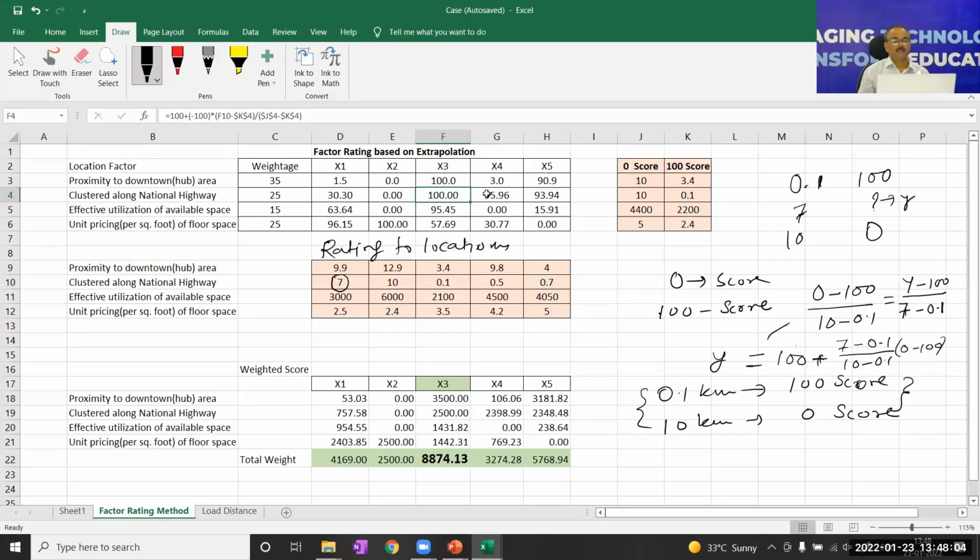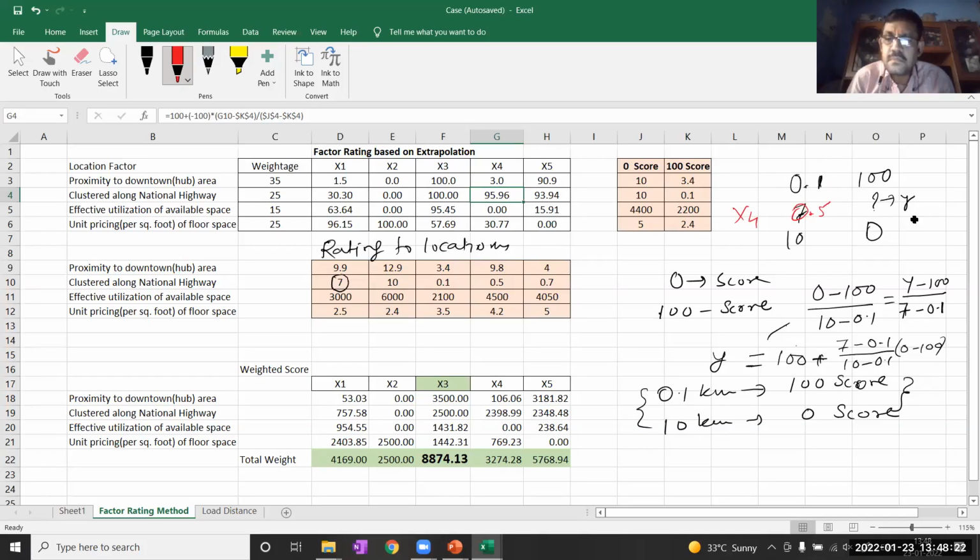Then X4, what is the distance? It is 0.5 kilometers. So again, you will use the extrapolation. For X4, 0.5, we want to find the rating, so using this type of formula you will extrapolate it and find the rating.